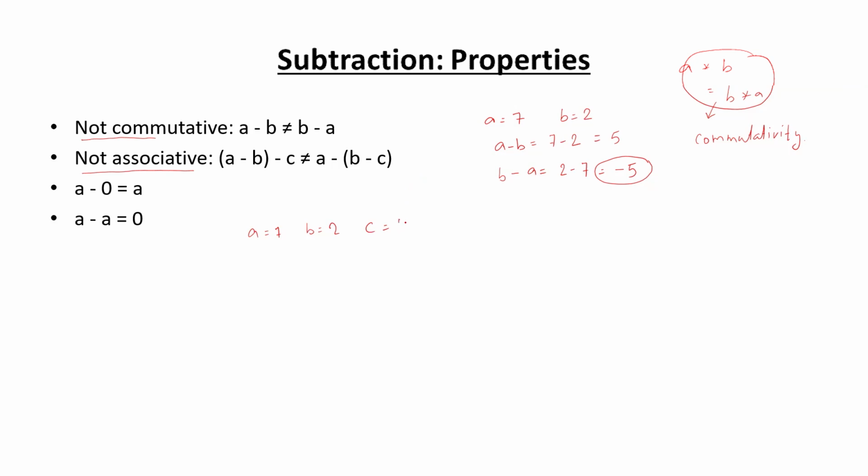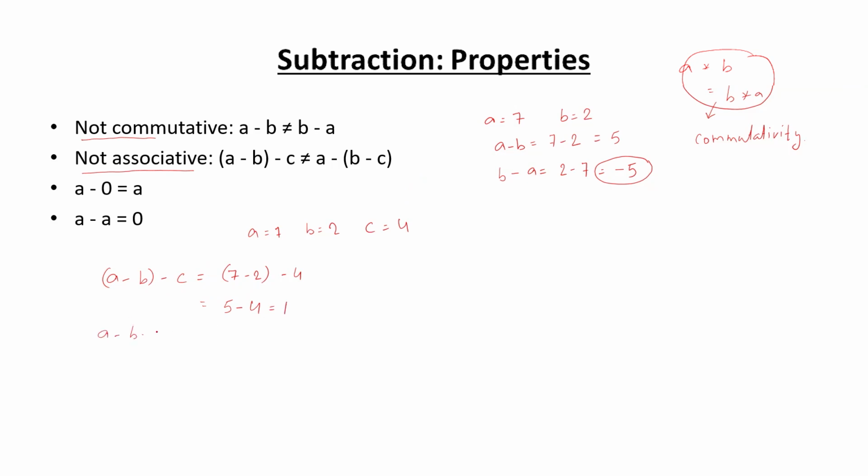Now, the left hand side is (A minus B) minus C. I'm not sure, for some numbers it is not true, but in general, it is true. So, A is 7 minus 2 and then minus 4. Now, 7 minus 2 is 5. Minus 4 is 1. Now, let's change the order.